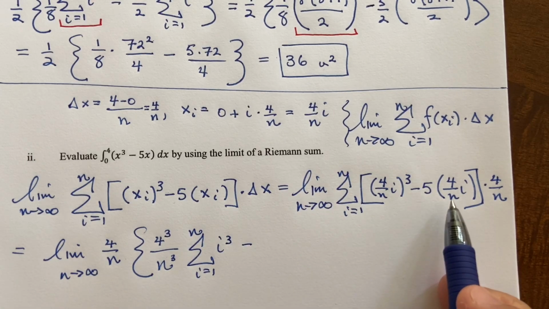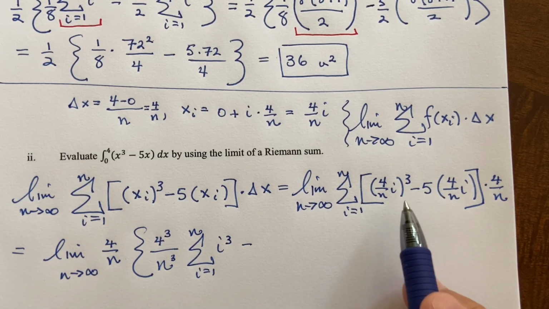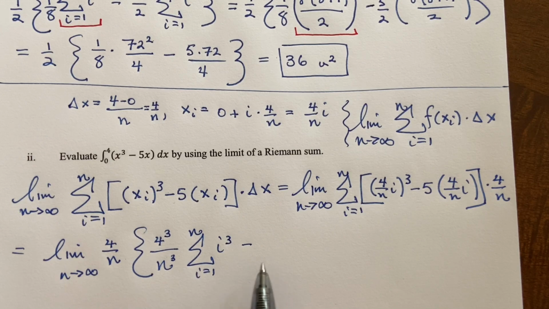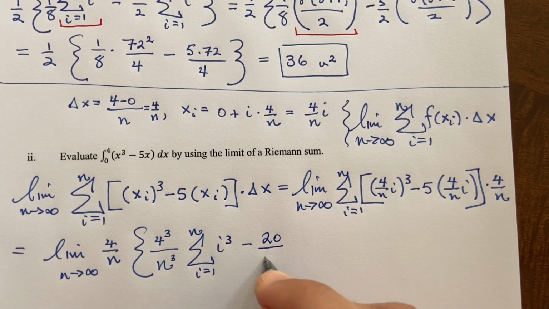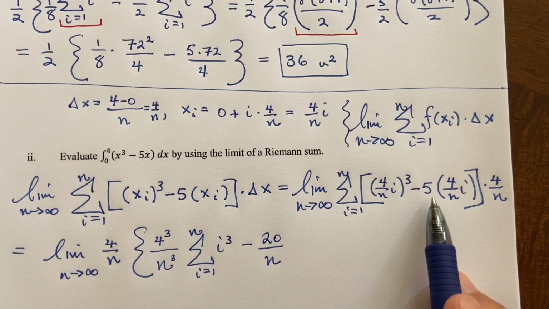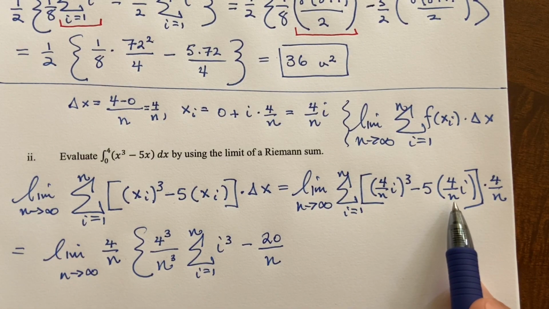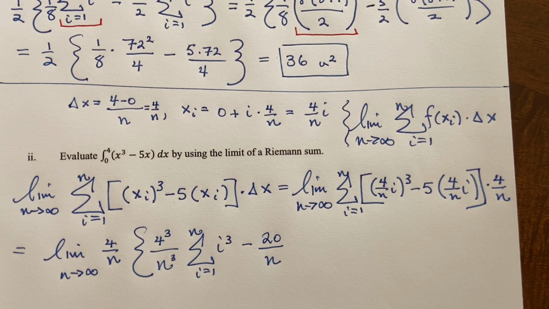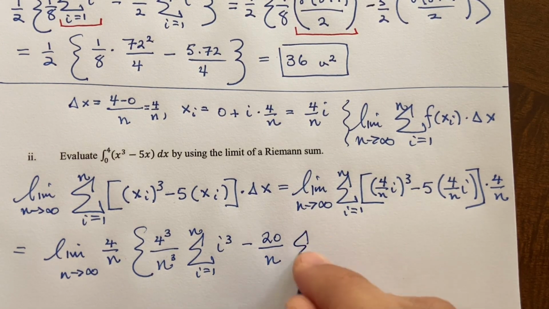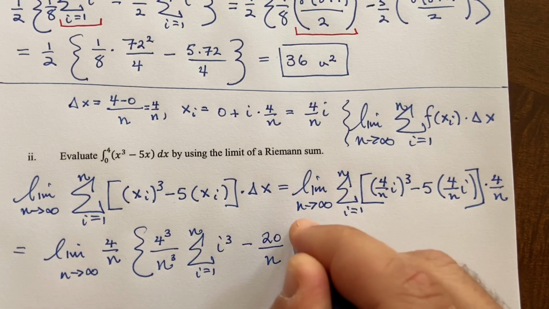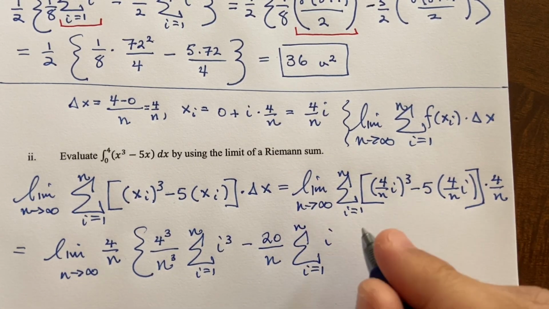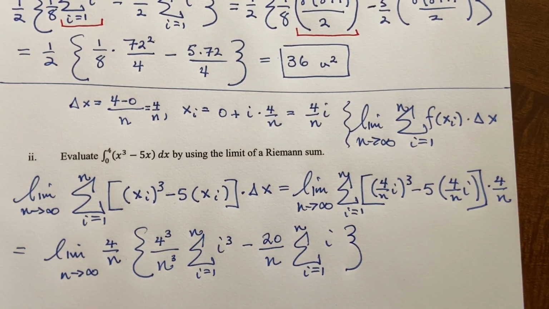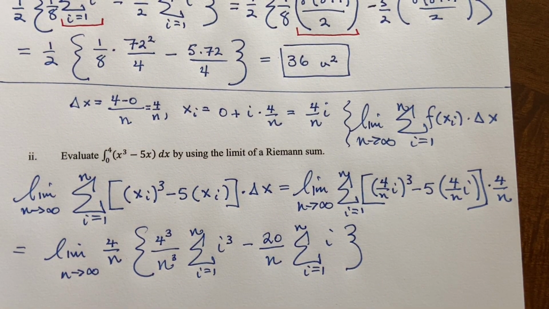Similar work over here, I can bring out a negative 20, and I'll also be splitting this up into 2 sums. So 20 over n, here's the 20 over n. This 4 over n is all the way out front right now. And then that'll just leave the sum going from 1 to n of i here, and then end braces. Okay, hopefully that went okay.